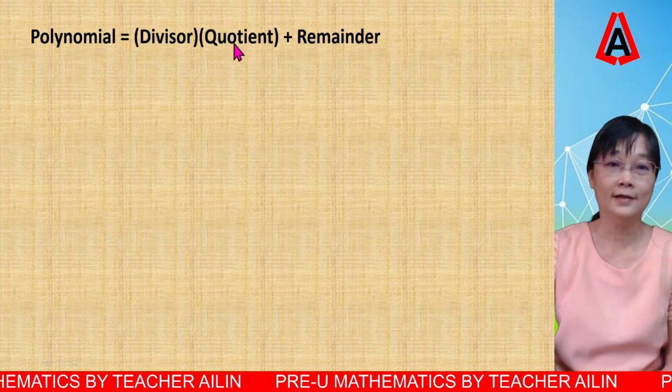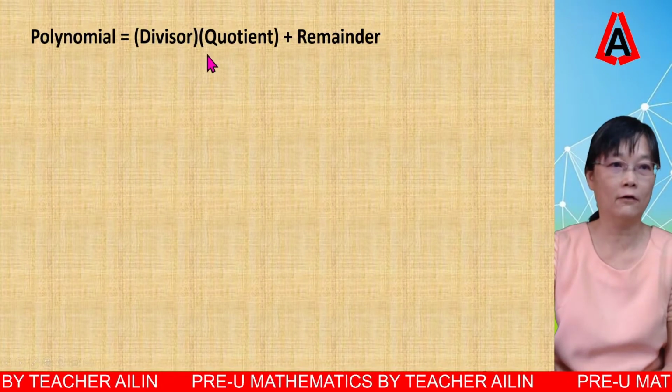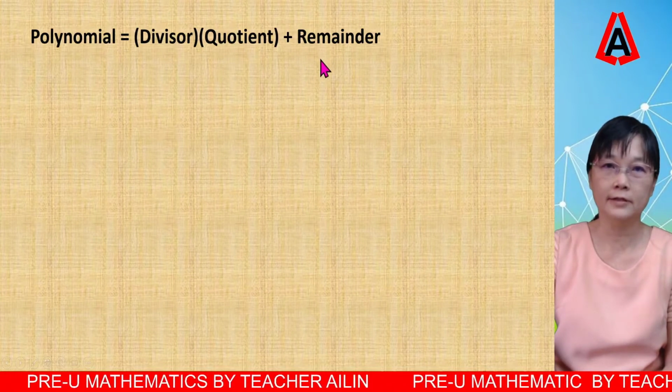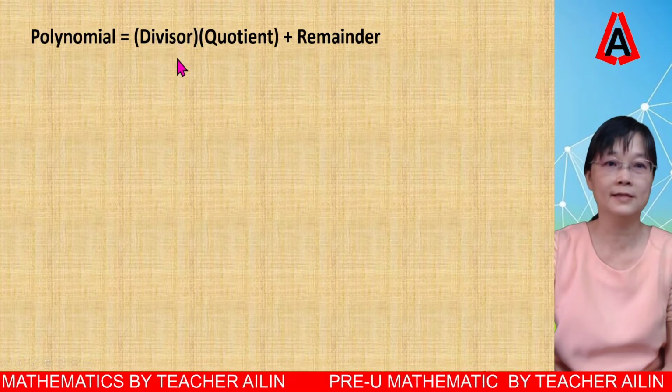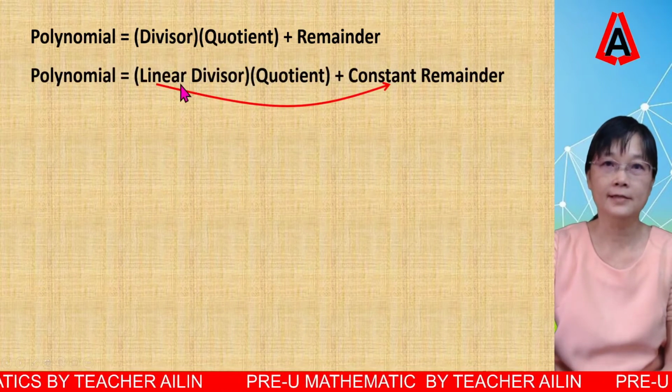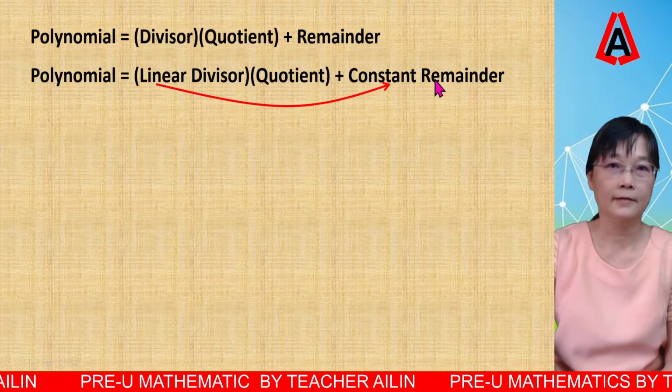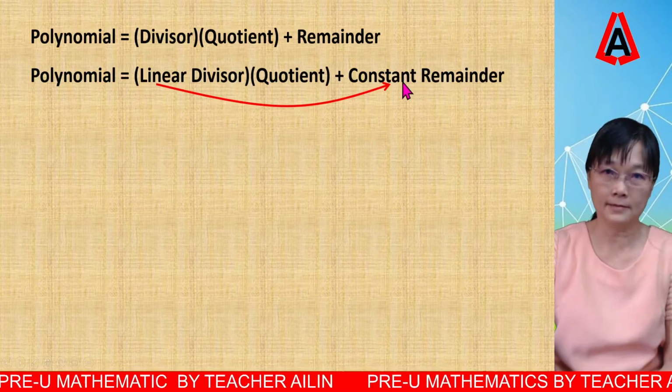When finding the quotient and remainder of a polynomial, actually the result depends on the divisor. If the divisor is a linear divisor, then the remainder is a constant.